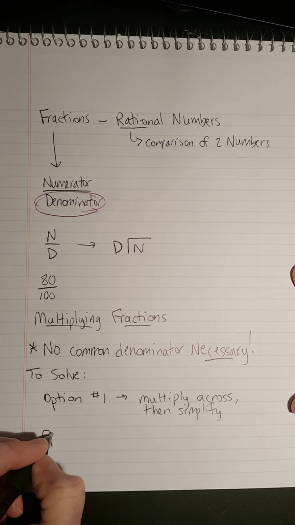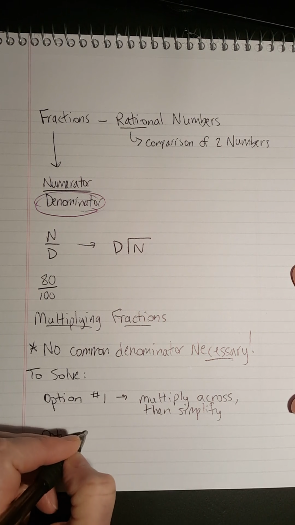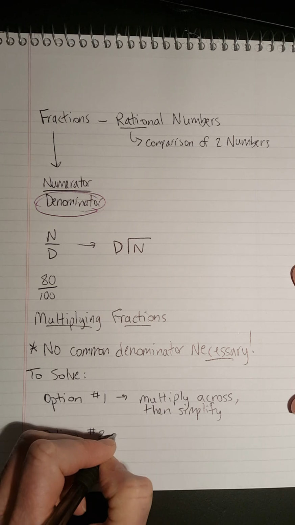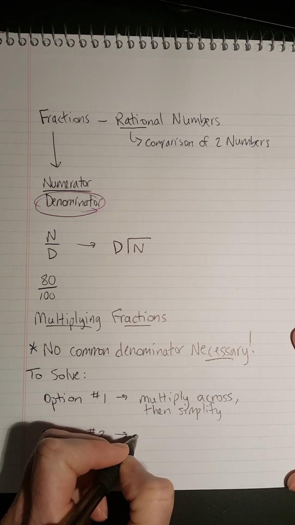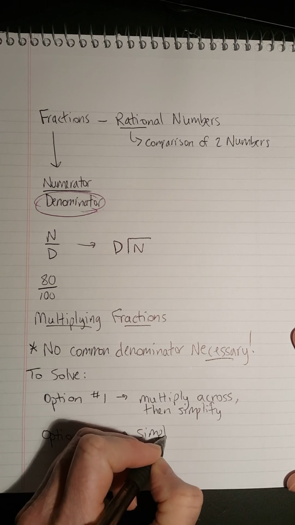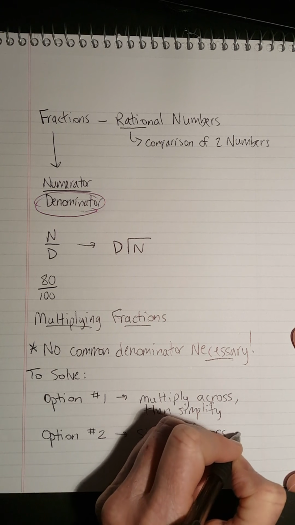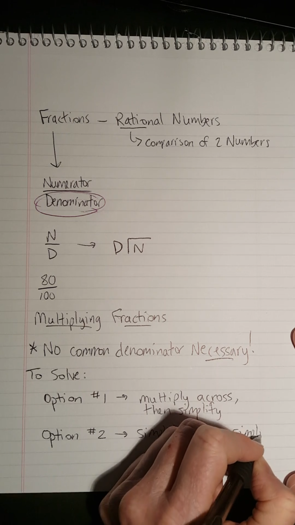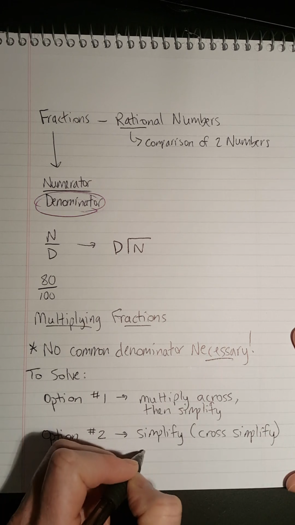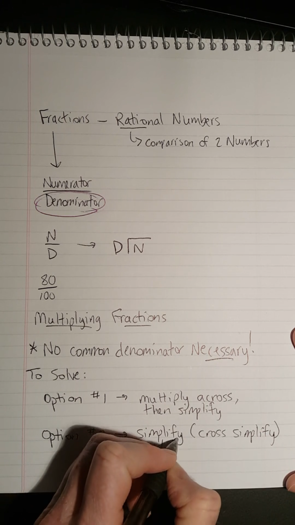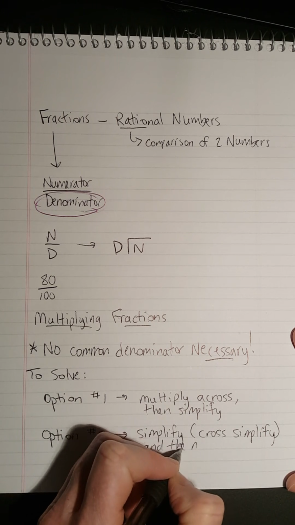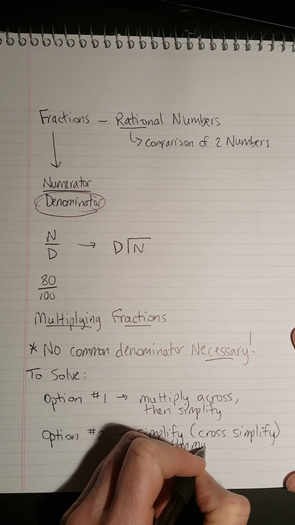The new method I like, it's probably not new, but newer to me. Option number two is to simplify first, and you do that by cross simplifying, and then multiply across.